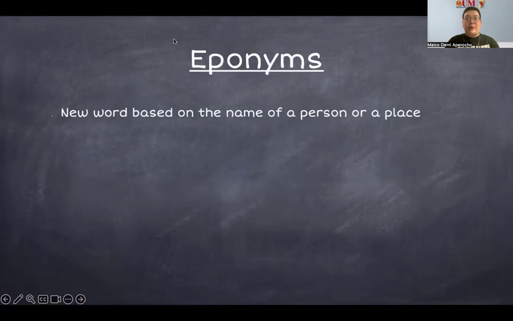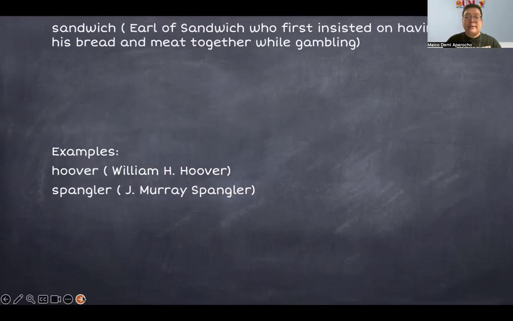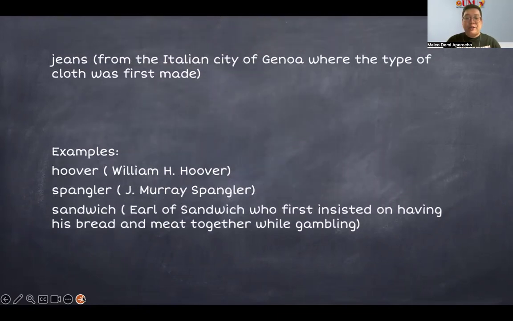Next one, we have the word eponyms. Eponyms are new words based on the names of a person or a place. So examples of eponyms are the one I mentioned a while ago, Hoover, which has become a verb in terms of modern use. It originated from the name William Hoover, and then Spangler, from J.J. Spangler.